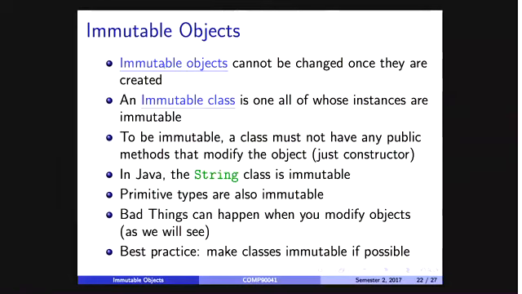But for today, let's all follow that advice. If you have a class of which every instance is immutable, then we say that the whole class is immutable. And typically that's what happens, right? It's hard to make one instance immutable, but another instance of the same class not immutable. That's kind of difficult. So typically, if any instance is immutable, the whole class is immutable. And it's actually quite easy to make a class immutable. You simply provide no method that lets you change it.